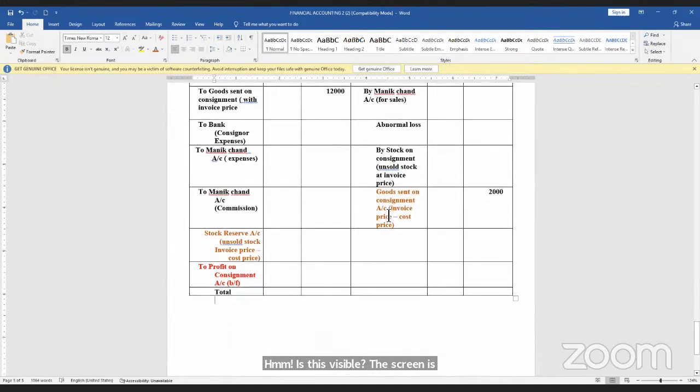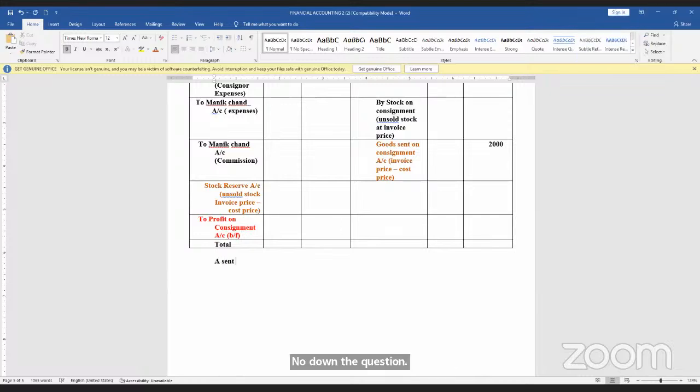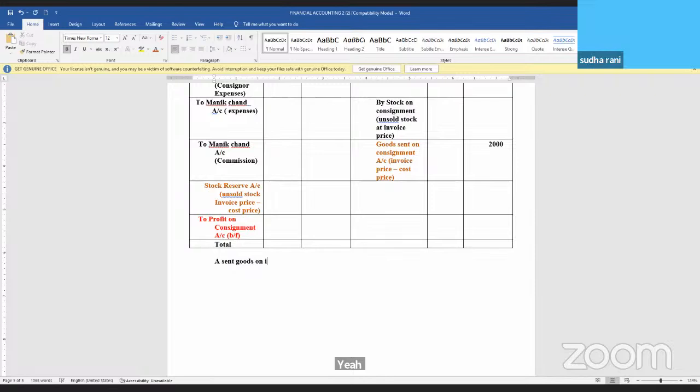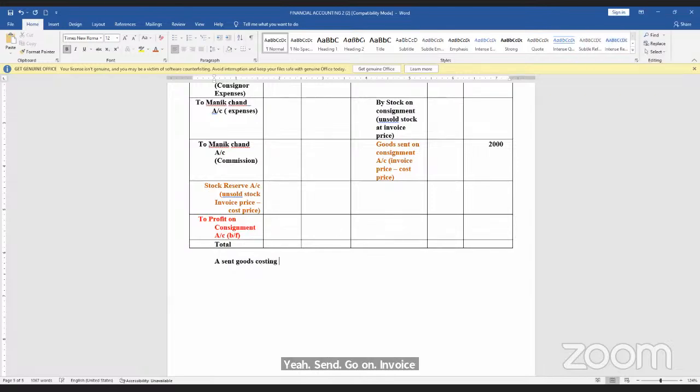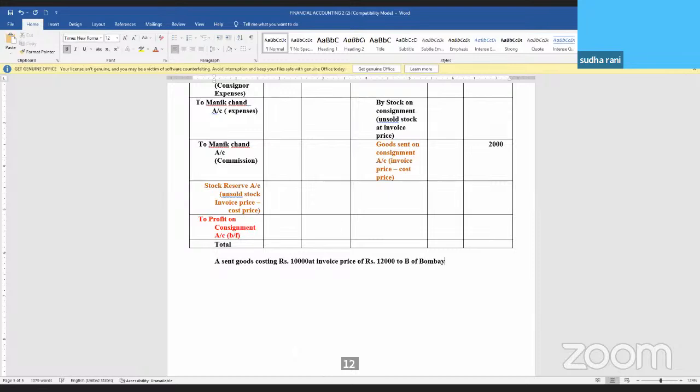Yes, ma'am. Note down the question. A sent goods costing rupees 10,000 at an invoice price of rupees 12,000 to B of Bombay.